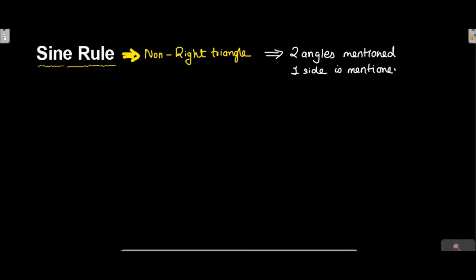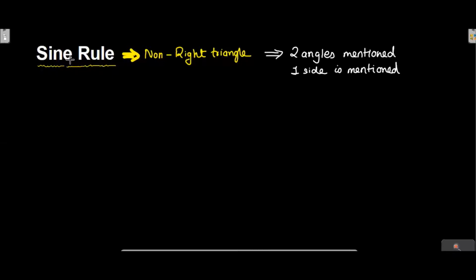So when you see the question, you will have two angles in the triangle and one side. When this information is given, only then do you use the sine rule, because there is another rule, the cosine rule, which we use for other non-right angle triangles, which I will discuss in another video.